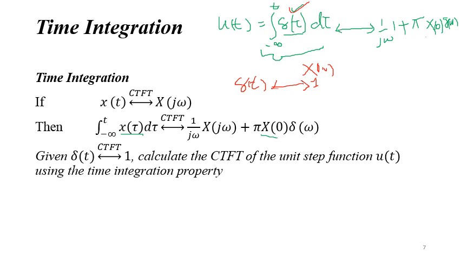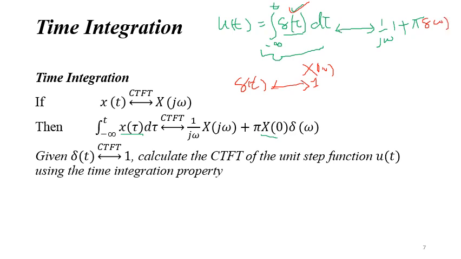So I can just replace it by 1, and it simplifies to the impulse of omega.